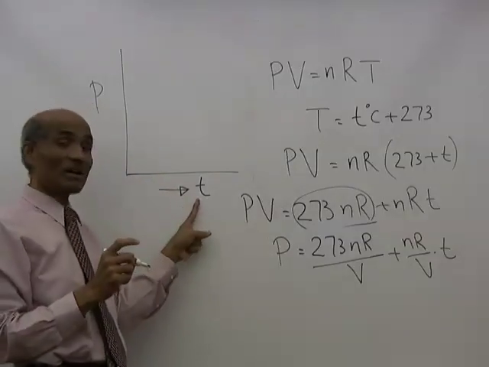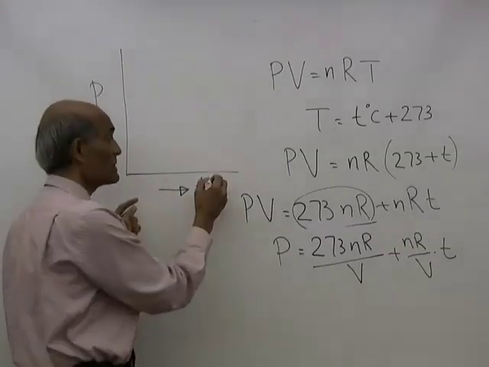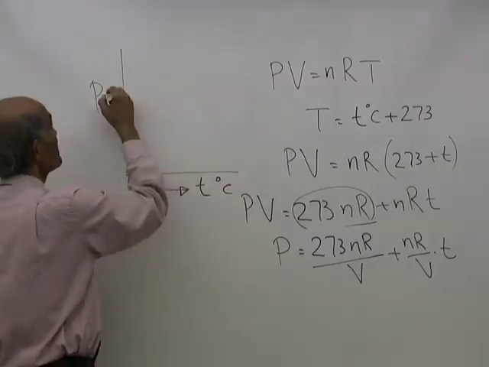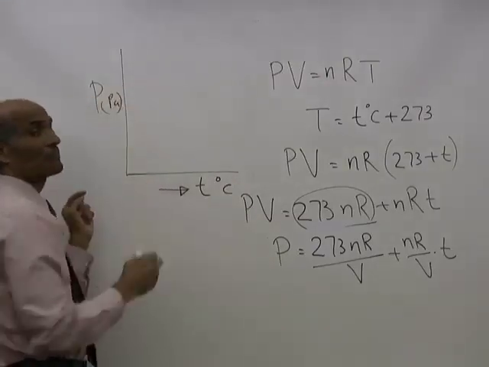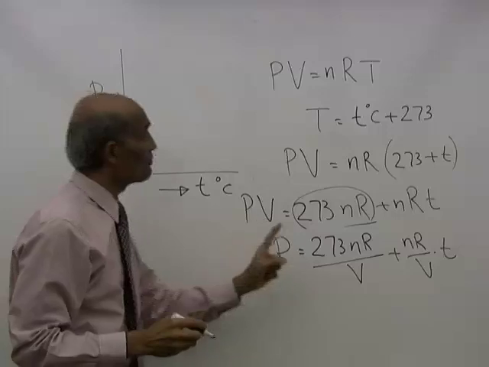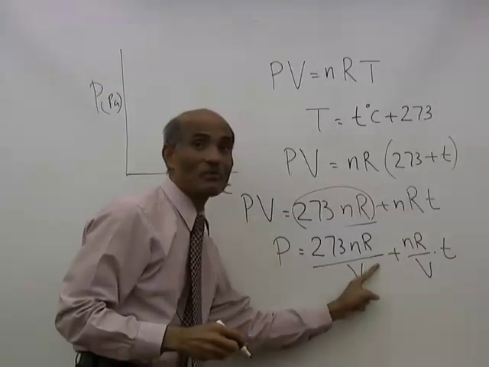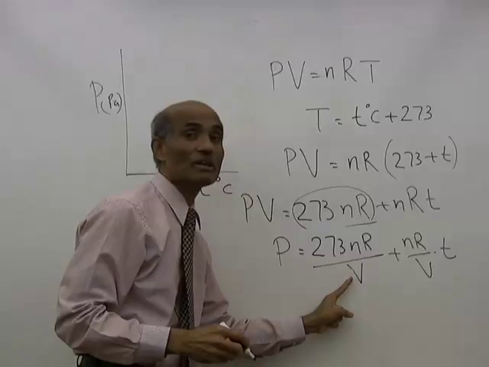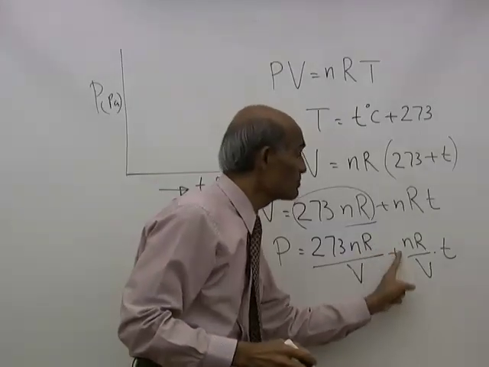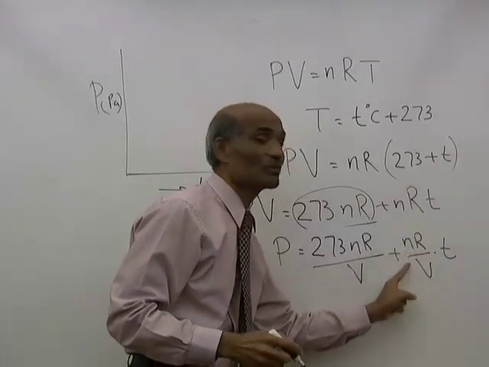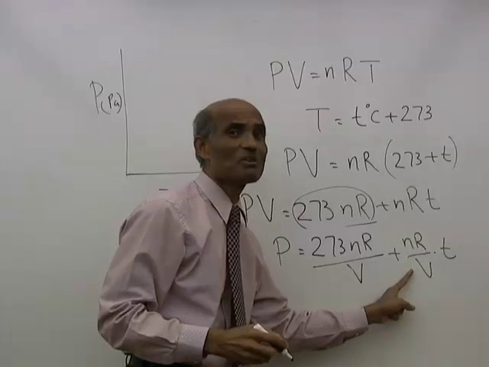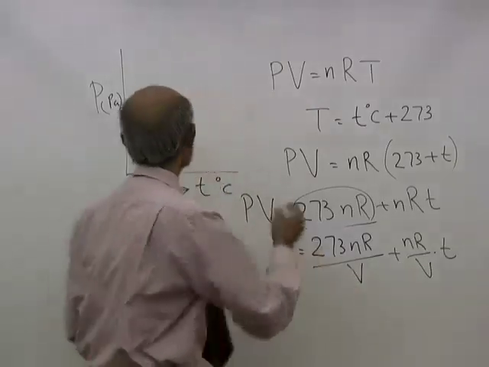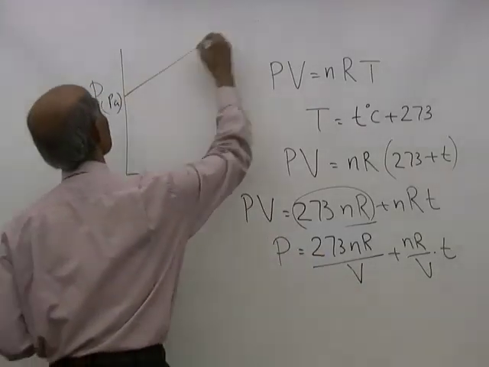But this time we are using the temperature in degrees Celsius. This graph will have a y-intercept, and that y-intercept will be 273 nR over V. And its slope will be nR over V, the same slope as we had before. So, the graph will be like that.